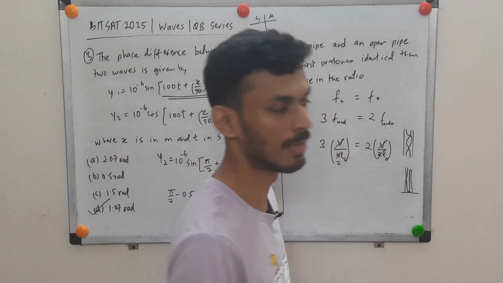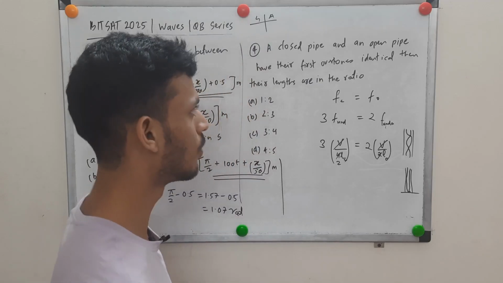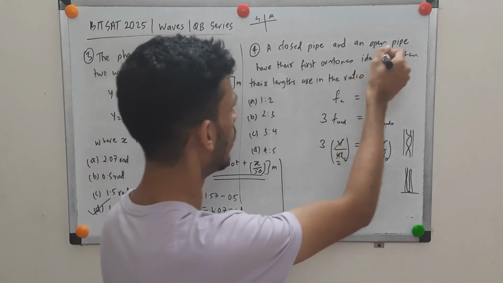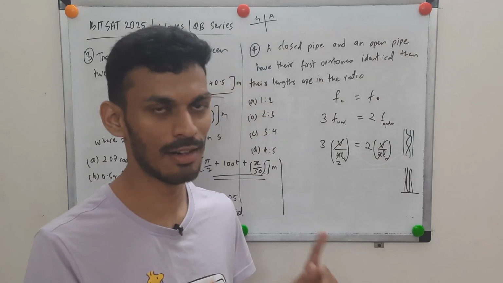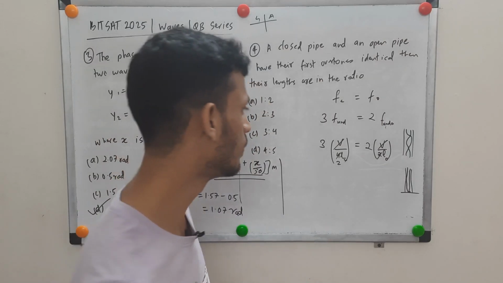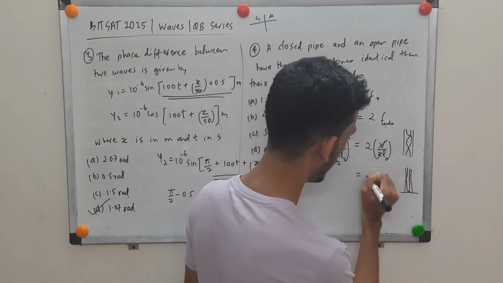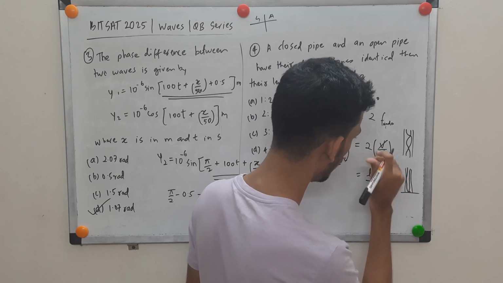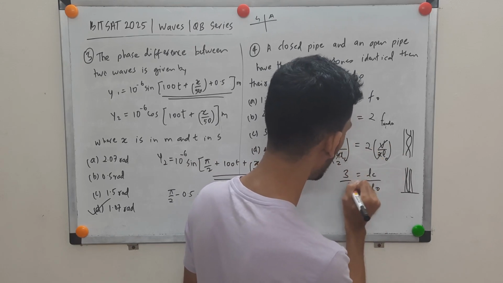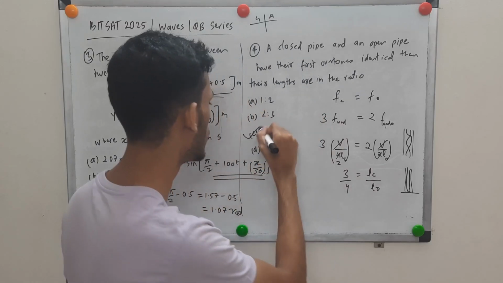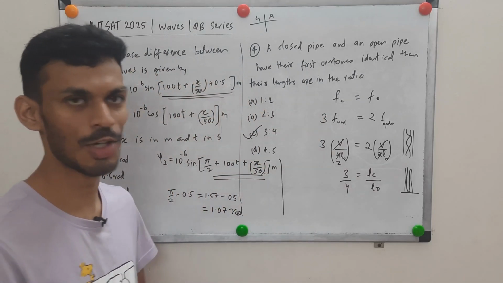But remember, generally for certain types of questions, whatever is the order in the question is the way you take the ratio. So now this will be LC by LO, right? LC by LO, this 2 comes over here, so it is 3 by 4. So option C, 3 by 4, is the correct choice over here.